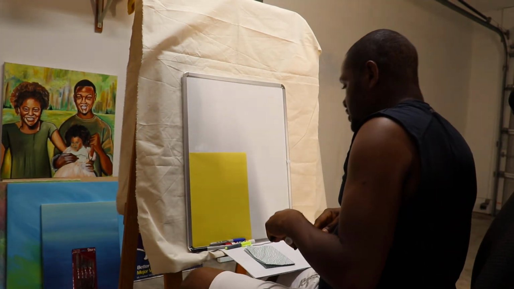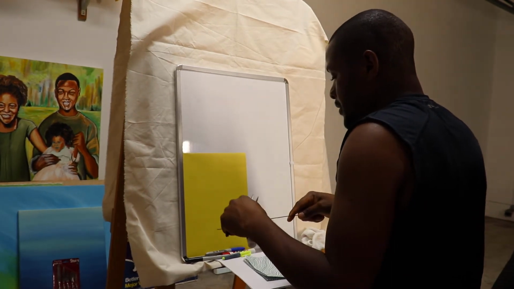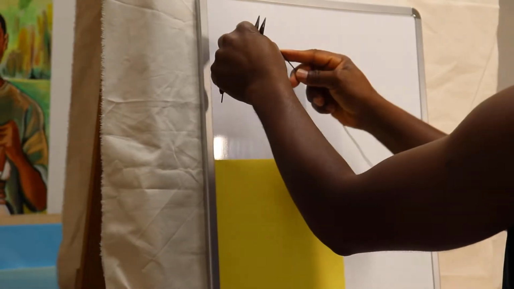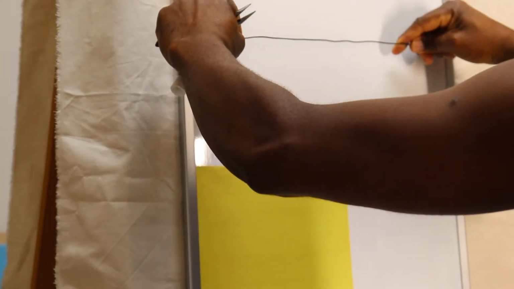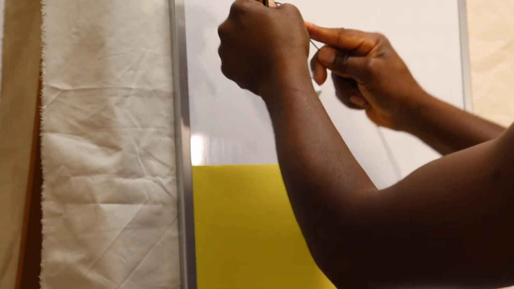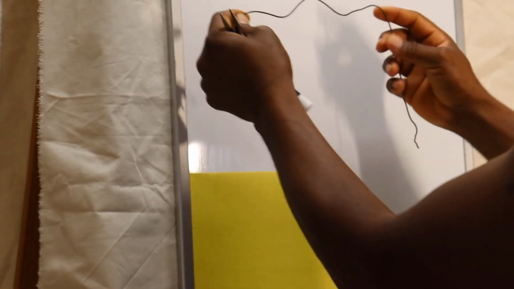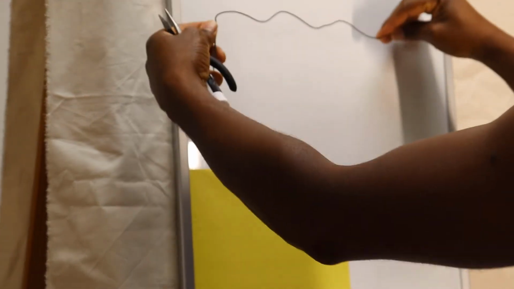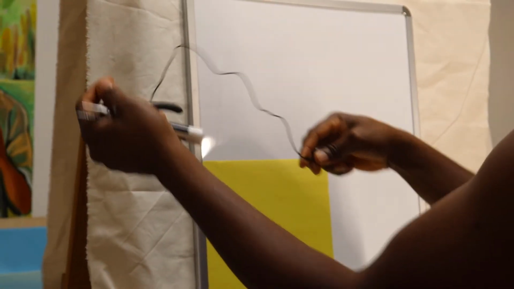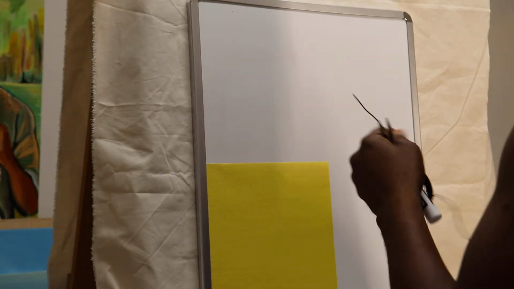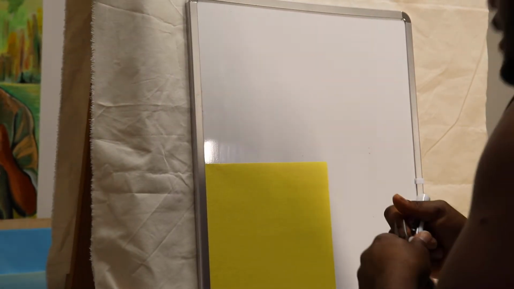Now, there are different types of lines. You have lines with different characteristics. You have straight line, you have wavy lines, you have broken lines, and hey, this is a 3D line that I'm manipulating right here. And at the end of the day, we're looking at lines.